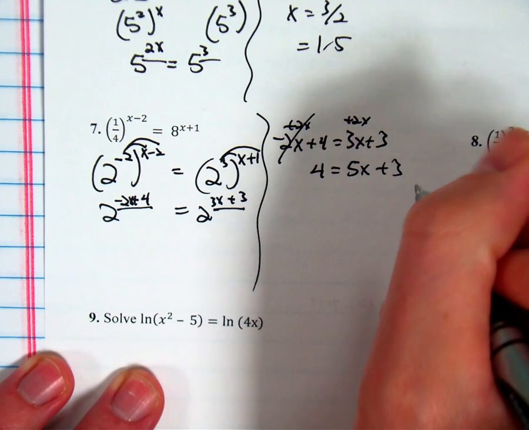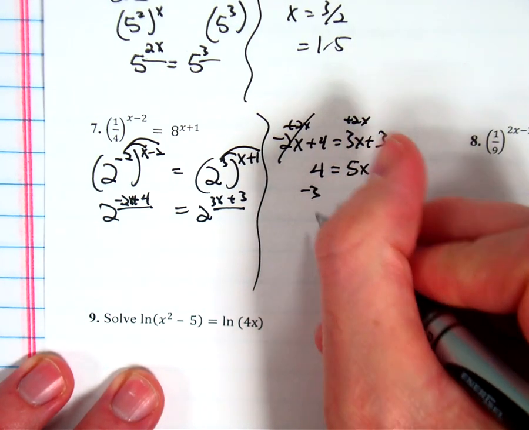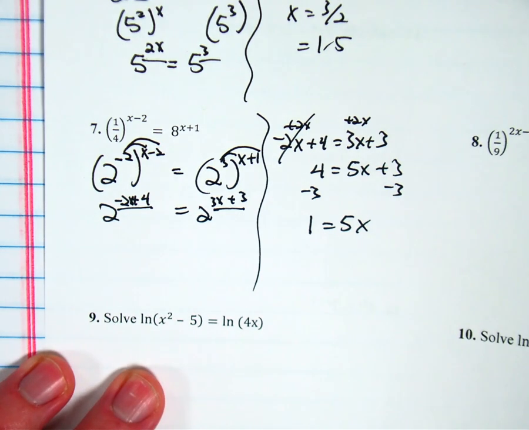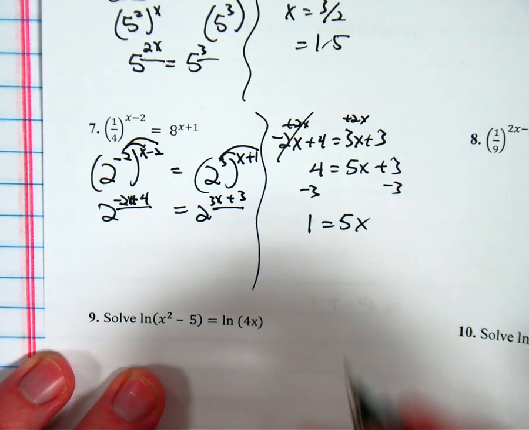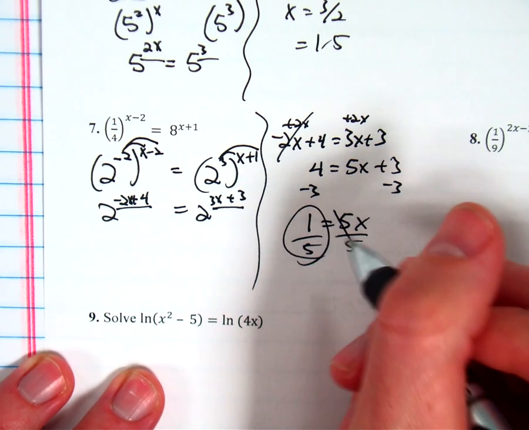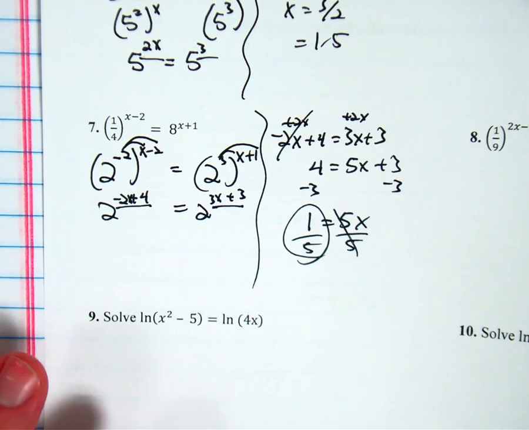Minus 3, and divide by 5. We got 1/5 for x.